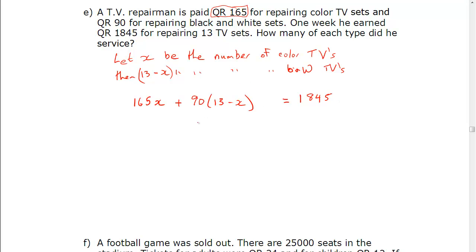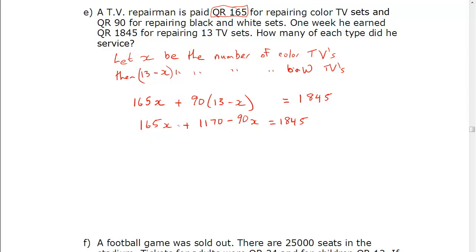So now solving for x gives us our solution. So 165x plus 90 times 13, which is 1170, minus 90x equals 1845.